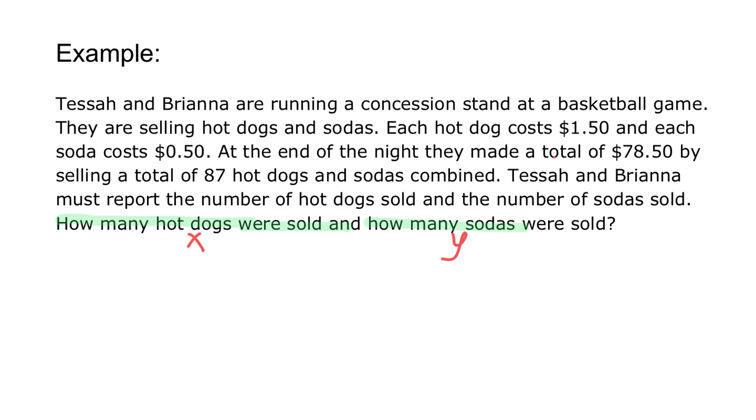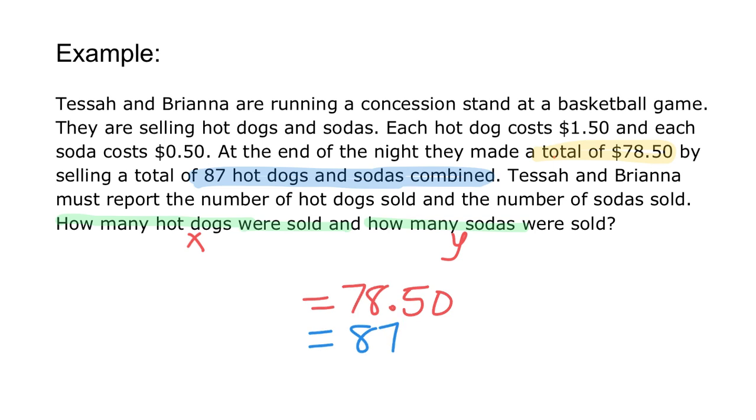If you have a question like this where they give you two totals, which is what this one does, a total of 78.50 and a total of 87 hot dogs and sodas, you're going to set this up with an equation for both. I need one equation that equals our 78.50, and I need another equation that equals the 87 hot dogs and sodas combined.